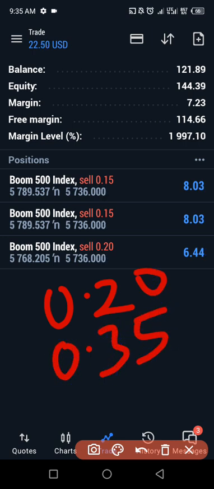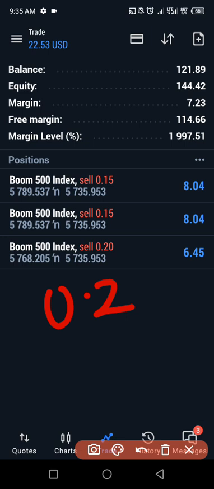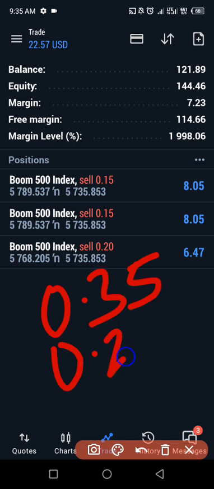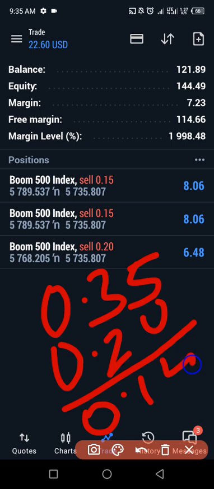So when you have 0.35, to be able to have 0.15, what you are going to do is subtract 0.20 from 0.35. So 0.35 minus 0.20, then definitely you are going to be left with 0.15, okay, and that was how I was able to come up with this least lot size of 0.15.